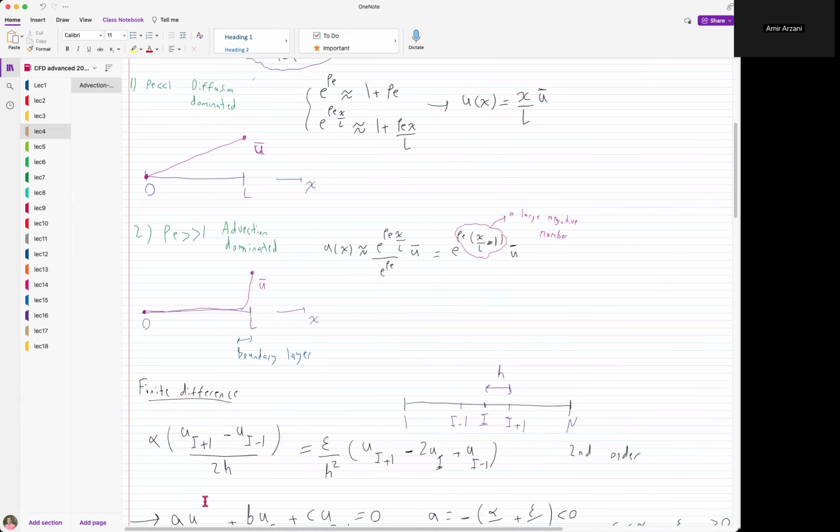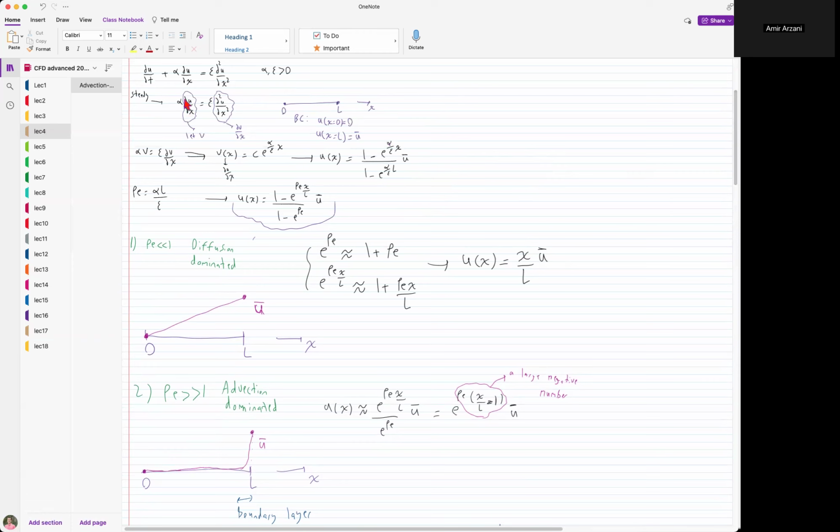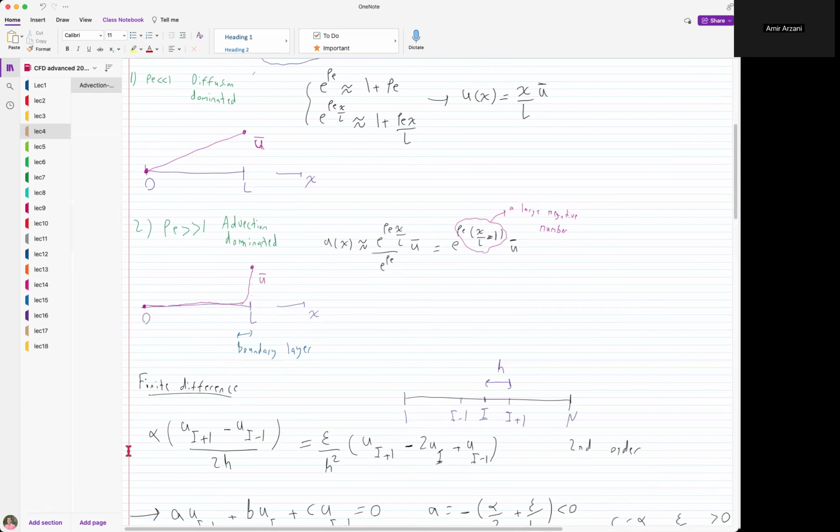If I do the discretization of my PDE with second order differences, this is how it looks. This is the discretization at node i for partial u partial x, times alpha. This is second order discretization for the first derivative. And then for the second spatial derivative, this is again the finite difference discretization, with the diffusion coefficient here too, and h is my mesh size.